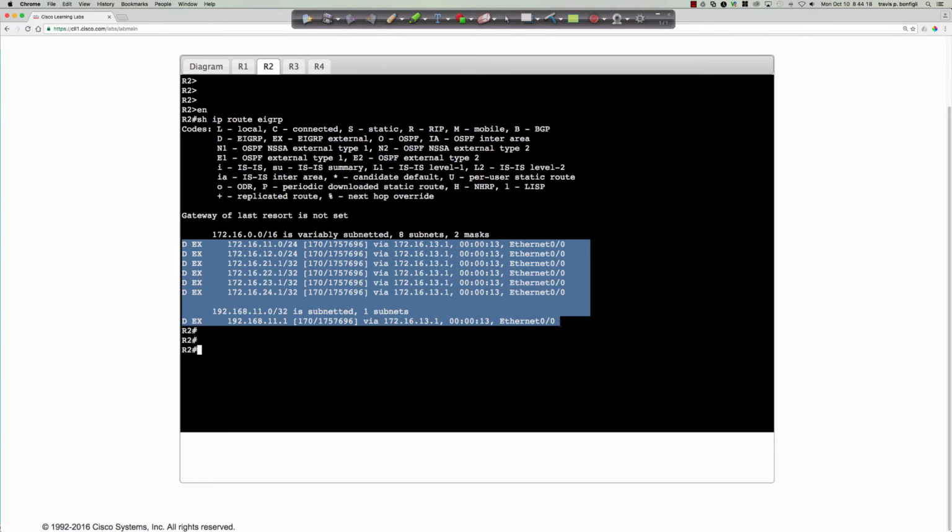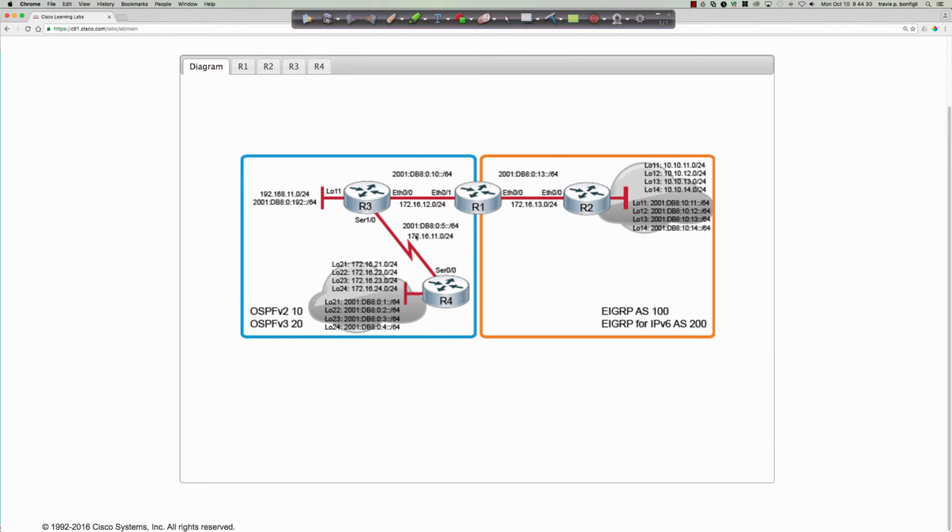There are my 172.16.21, 22, 23, and 24, and then this 192.168.11. If we come back over here, you can see that we're picking up the transit links. That's my 11 and my 12, right? So we get the transit links here in this OSPF domain, but we also get the 172.16s, and then we pick up this 192.168.